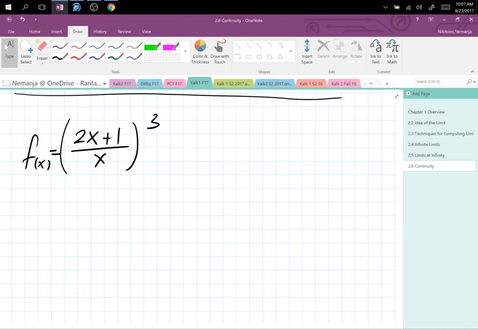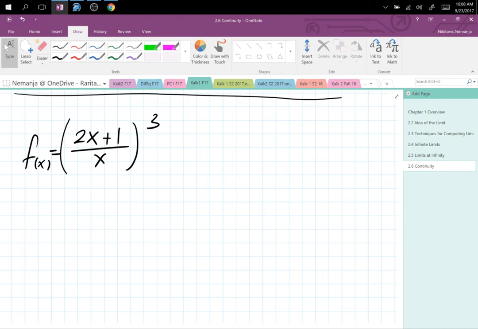And then because x equals 0 in the denominator, we have a discontinuous function at 0. If you flip this and you have x over 2x plus 1, then the discontinuity would be at negative 1/2, right?